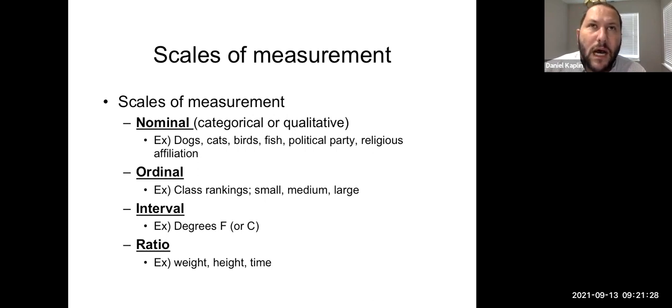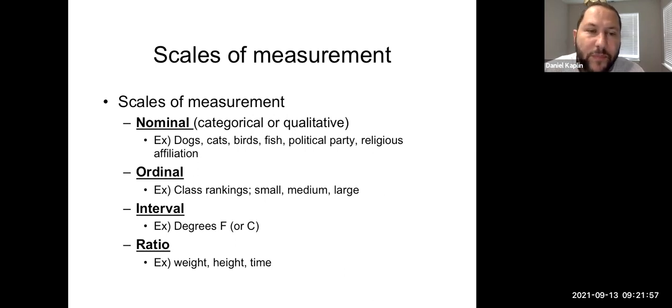If we were going to swimming, how much faster was the gold medalist relative to the silver medalist? How many seconds or fractions of a second? And then from the silver medalist to the bronze medalist, how much faster was the silver medalist? The answer is that it's not always uniform.